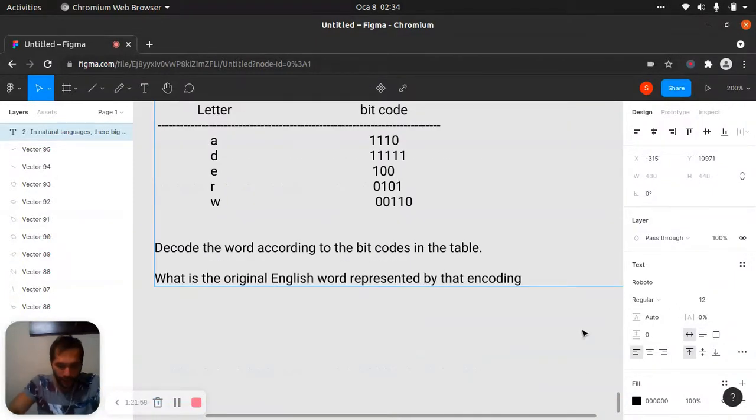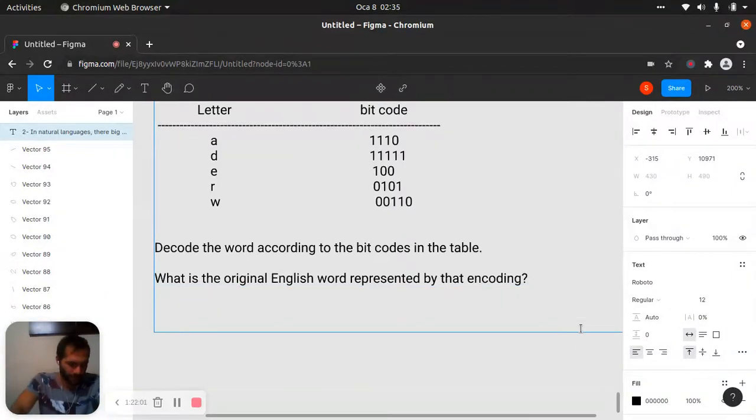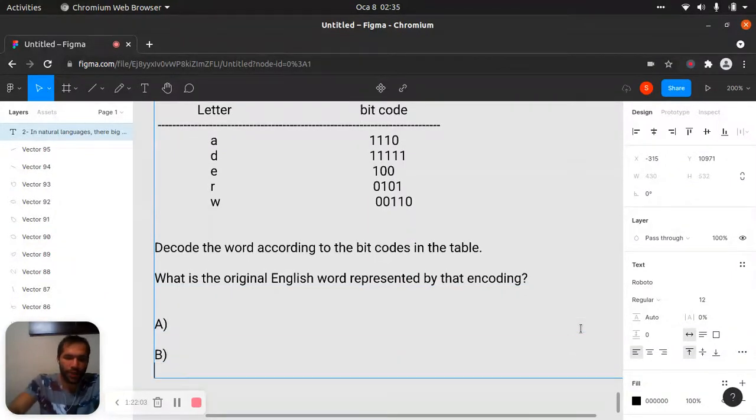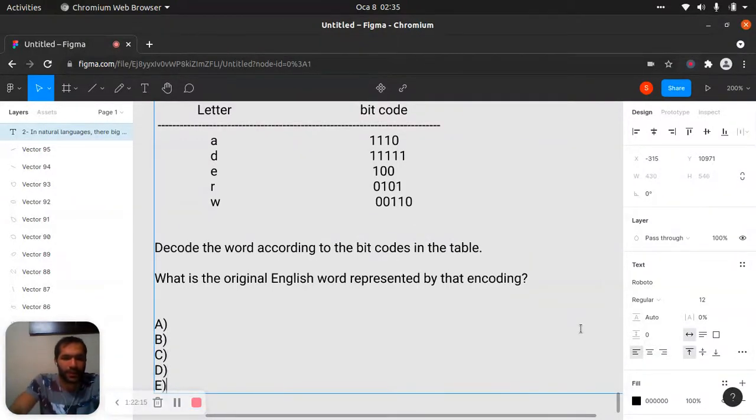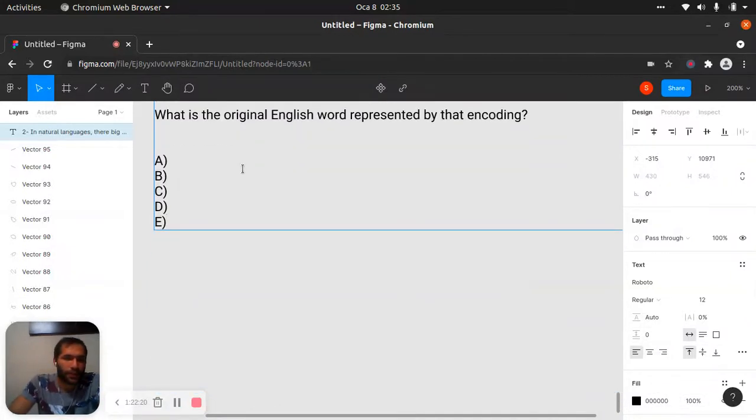Amazing. Let's come and solve together. But before that, we'll say A, B, C, D, and E. Let's put the space there. Our answers will be: A will be draw, not rare, I don't want to manipulate you.